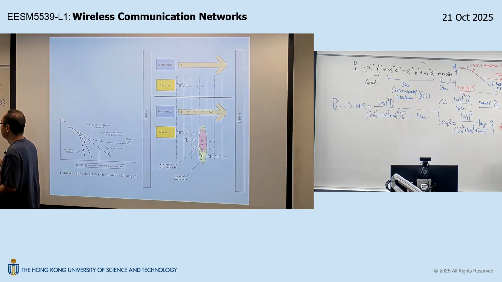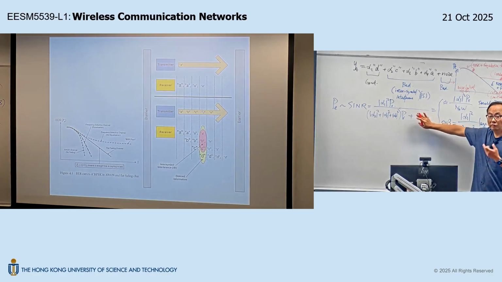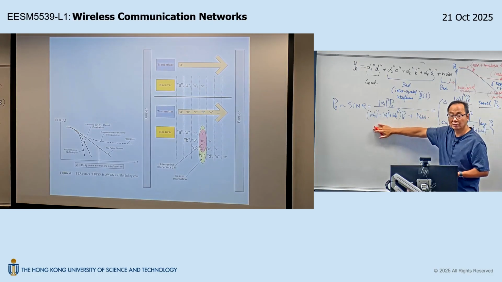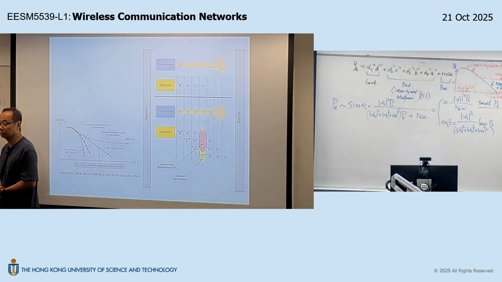Okay? On this other extreme, we call this interference limited region. Because in this second region, when the transmission power is arbitrarily large, the performance bottleneck is no longer determined by the noise. The performance bottleneck is this interference power. Okay? So that's called interference limited region.